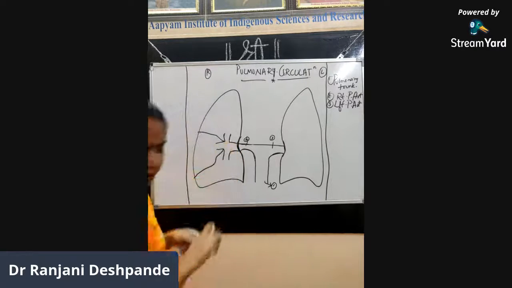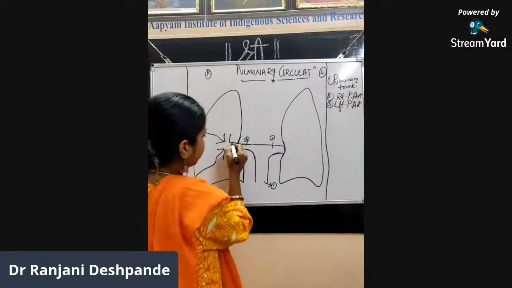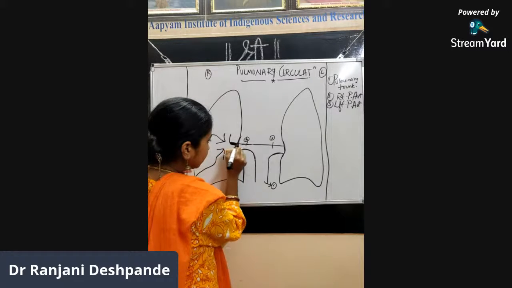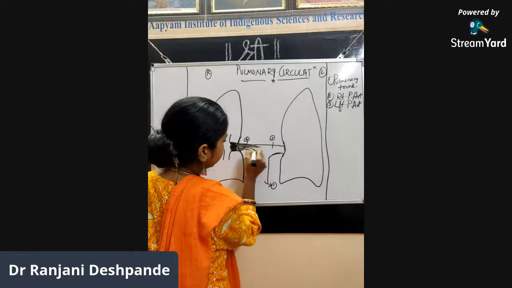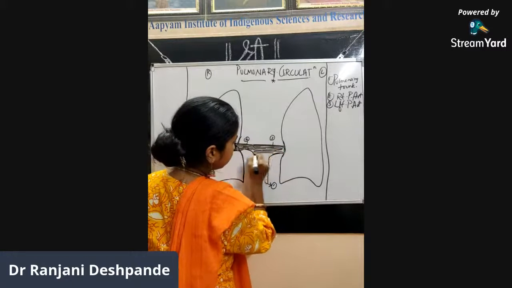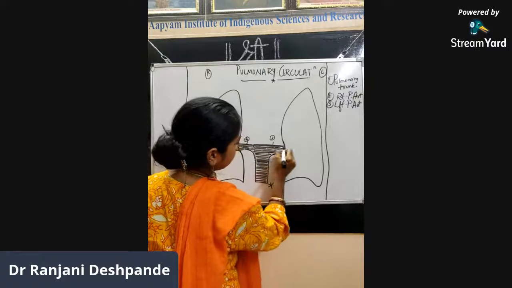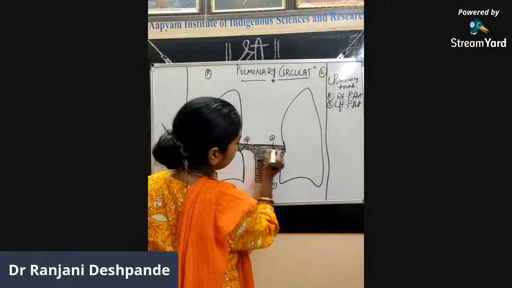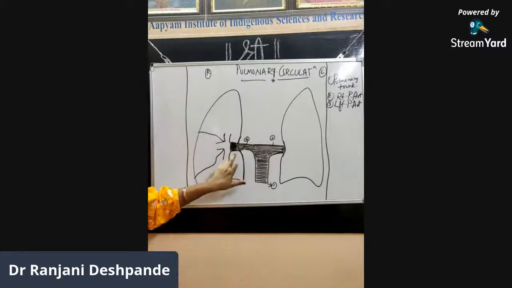So now this part, until here, this is nothing but the part of the right pulmonary artery that has entered the right lung.